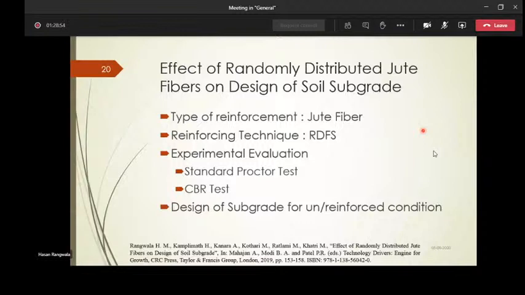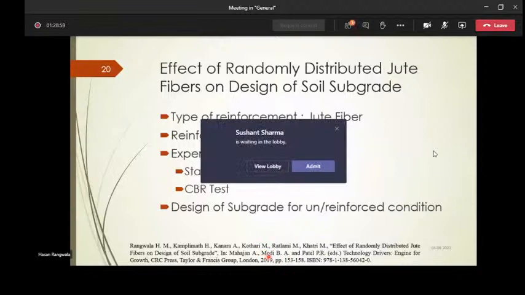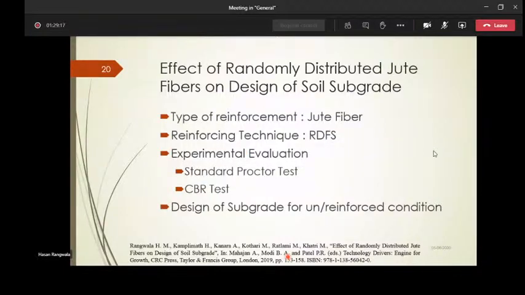In this particular paper, which has been published as a chapter, jute fiber reinforcement techniques have been used, and we have attempted some experimental evaluation. We have also attempted the design of subgrade with unreinforced and reinforced conditions, to compare the addition of strength because of the reinforcement.